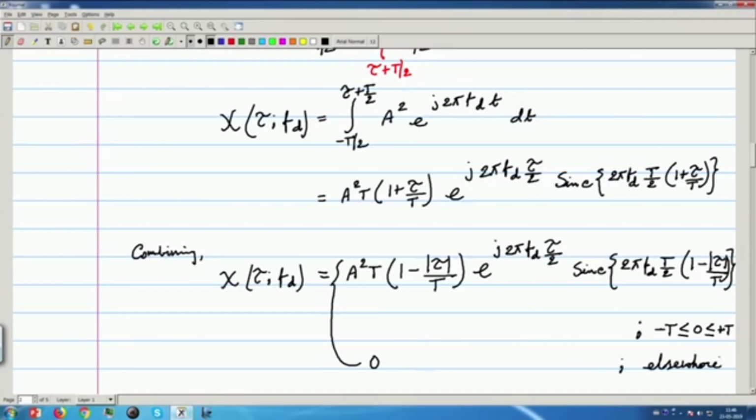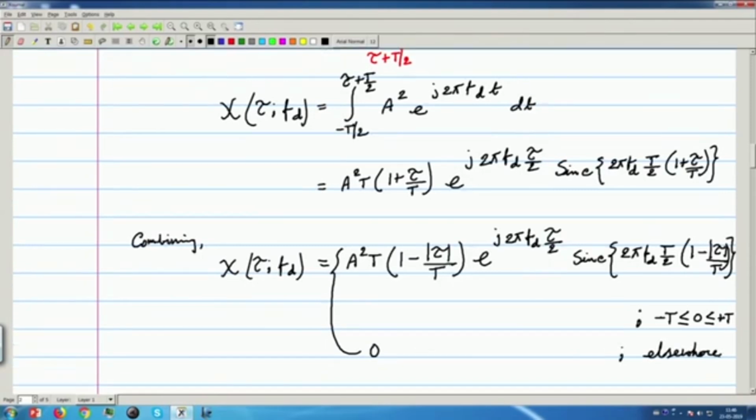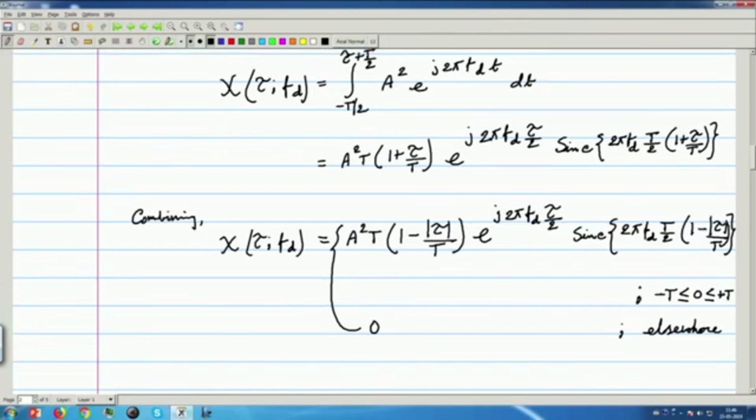So, this is the definition of the ambiguity function of a rectangular pulse, and this is an important thing because I will now discuss on this. This is equation 43.